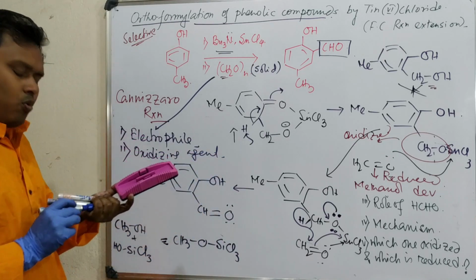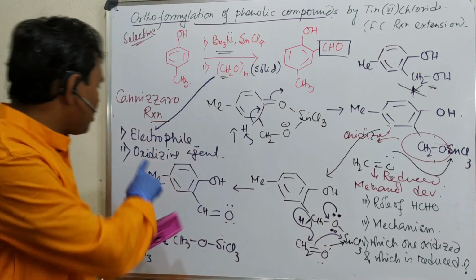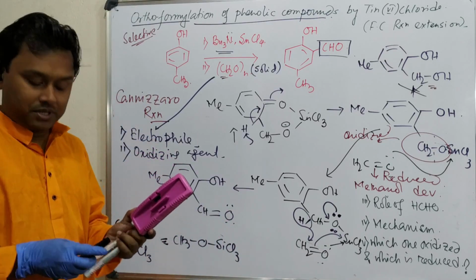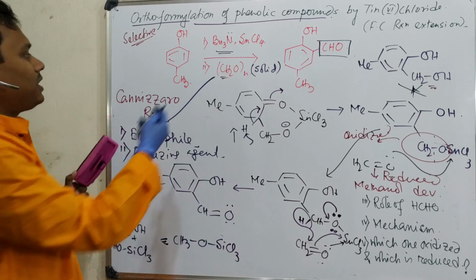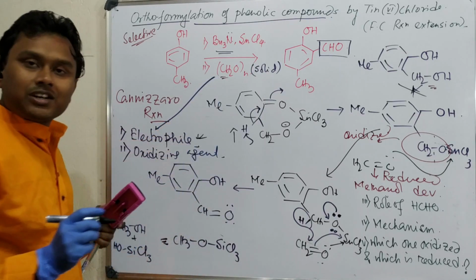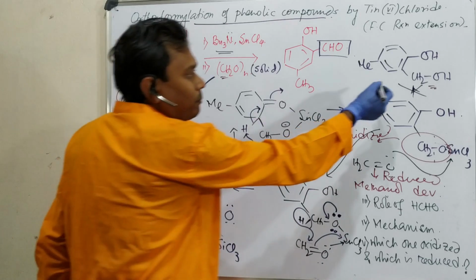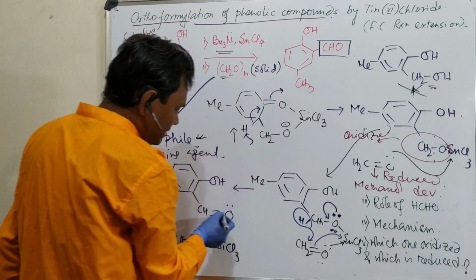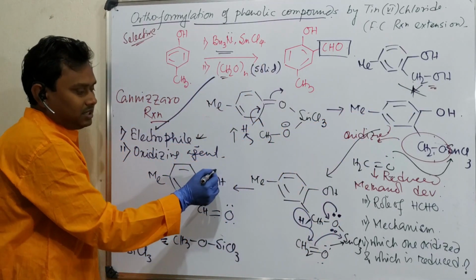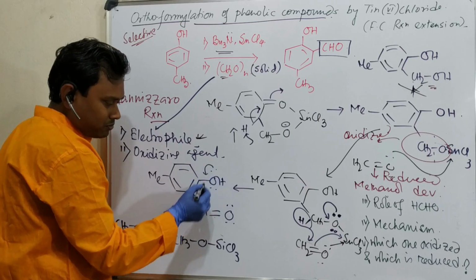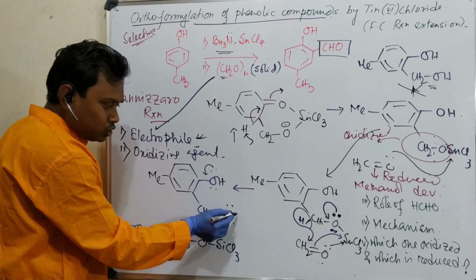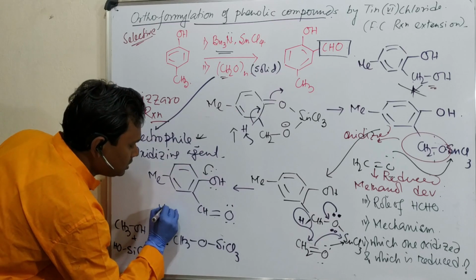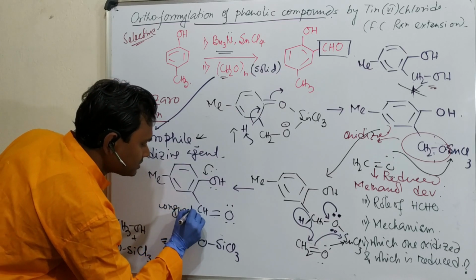Now question: why is this redox part, oxidation and reduction, happening? What is the stability? See, formaldehyde is an electrophilic reagent, as I told, electron deficient. Compared to this alcohol, this aldehyde is more stable. Why? See, it is electron rich, donation is possible from here and acceptance is possible. So this is a conjugated system.